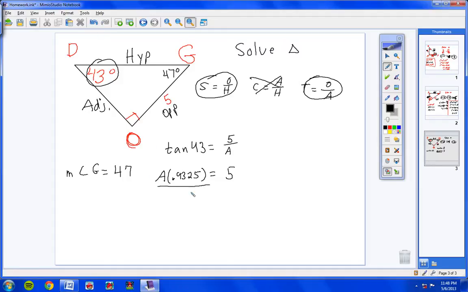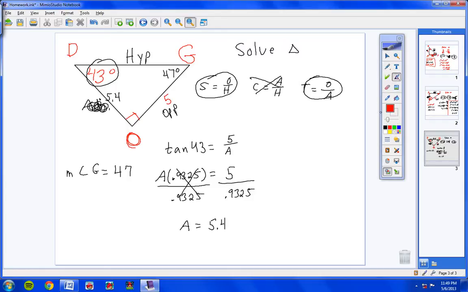So I'm going to divide this side by 0.9325, and divide this side by 0.9325. These of course cancel out, leaving you with a. And over here on the right side you would type into your calculator 5 divided by this number. And 5.4 is what I'm getting. So that would be your adjacent side. So I'm going to cross off adjacent and write 5.4.